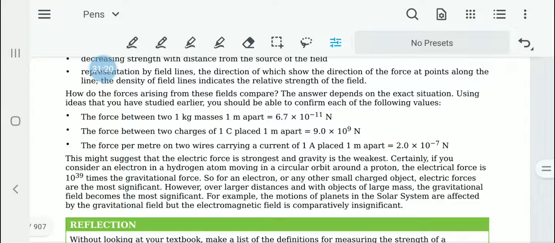As shown above, electric force is the strongest and gravity is the weakest.